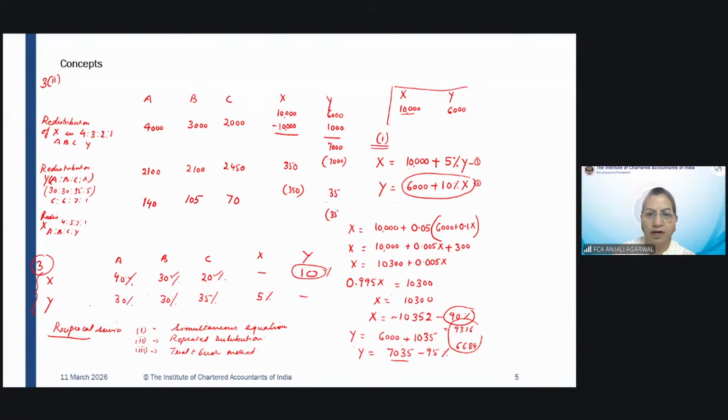Again, distribute this 35, redistribution of Y in the ratio of 6 is to 6 is to 7 is to 1. 35 divided by 20 is 1.75.